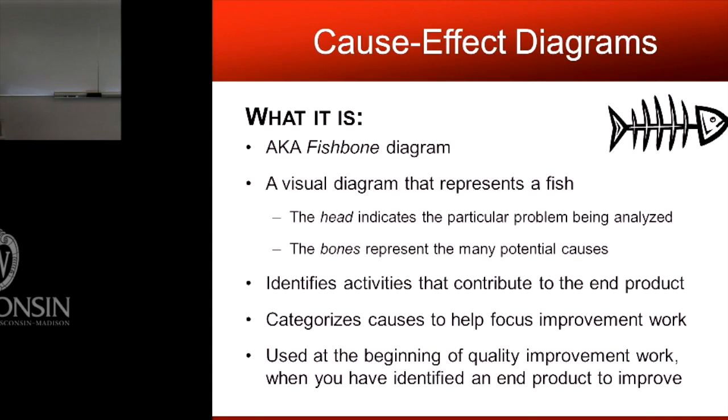So what is a cause and effect diagram or a fishbone diagram? It's a visual diagram that's oftentimes represented as a fish, and the head indicates the particular problem that you're analyzing, and the bones of the fish represent potential causes. And it identifies activities that contribute to the end product, and you can categorize causes to help focus your improvement efforts.